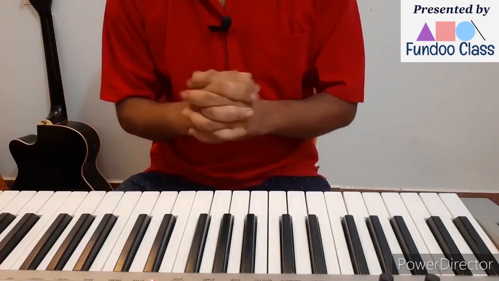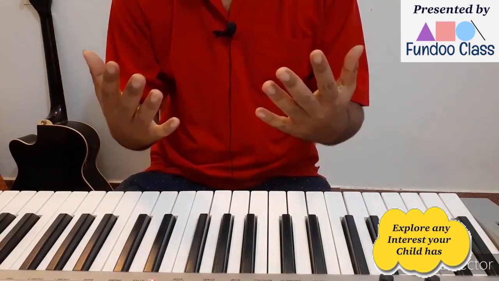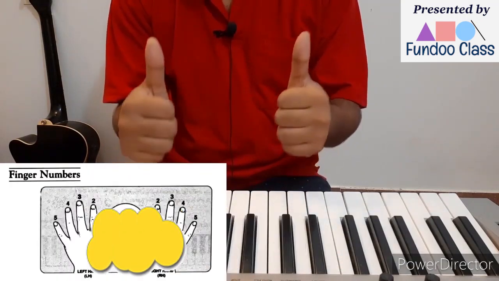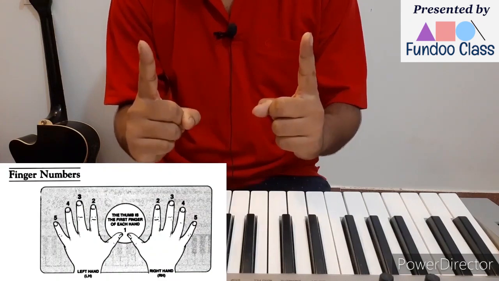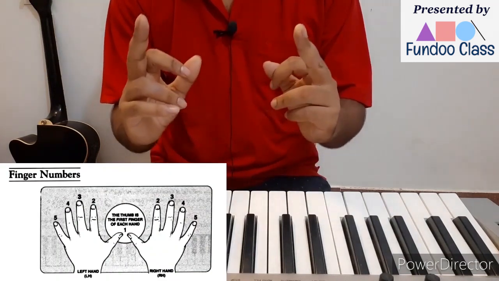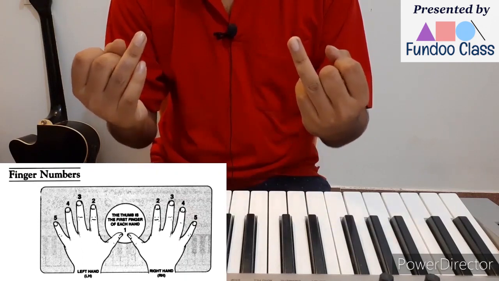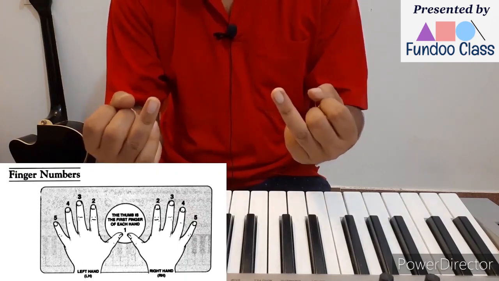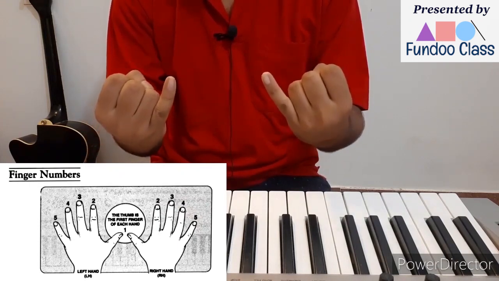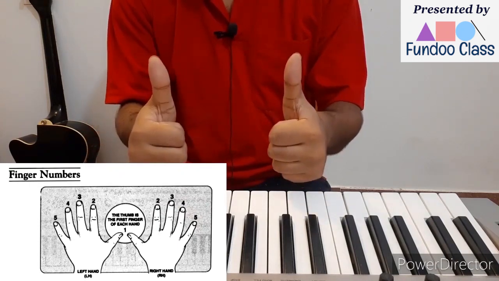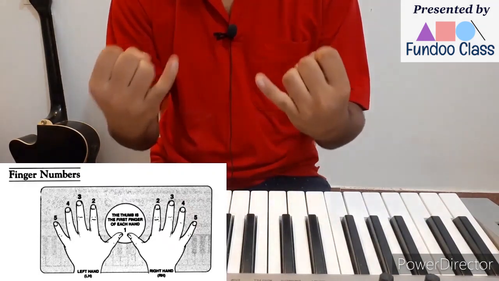Now we will learn the names of the fingers. The thumb is called the first finger, the index is the second finger, the middle is the third finger, the ring is the fourth finger, and the pinky is the fifth. So these are the finger numbers, 1, 2, 3, 4, 5.